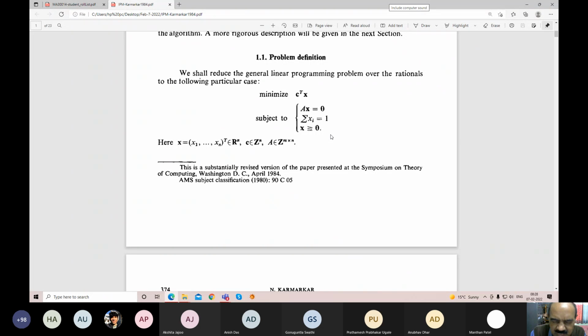In the simplex, we start the solution from where? From an extreme point. Suppose in a problem there are 4 extreme points: first the origin x0, second x1 vector, third x2 vector, fourth x3 vector.